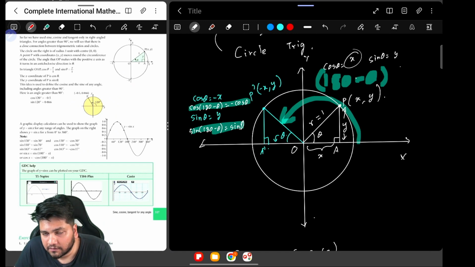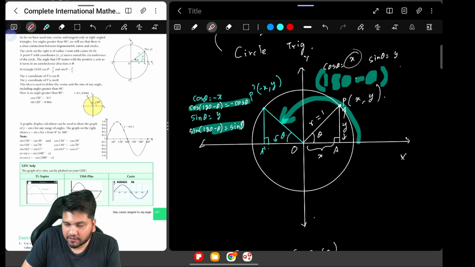The question is how is the theta related to the side? Like you said, sine 180 minus theta is sine theta, which is technically y only, so I'm asking how is the angle related to y.